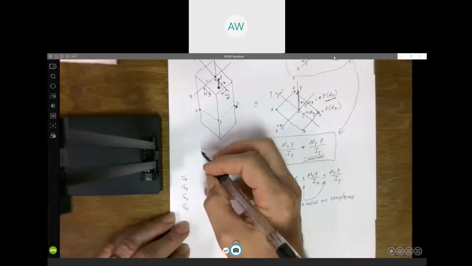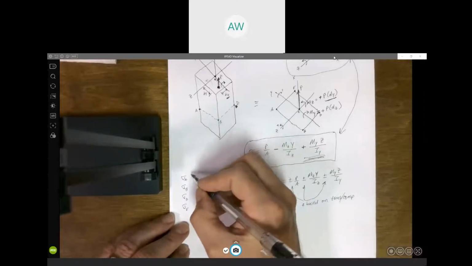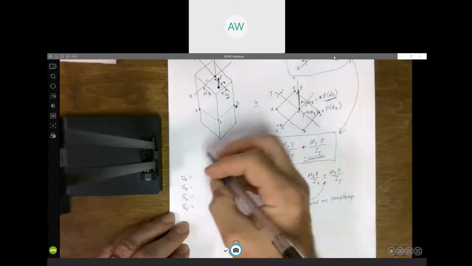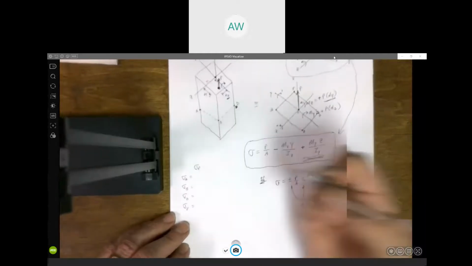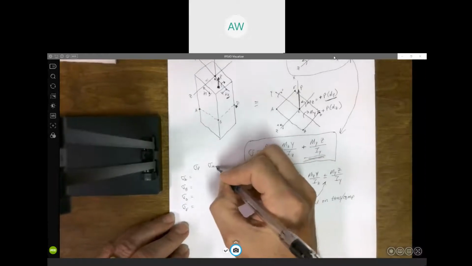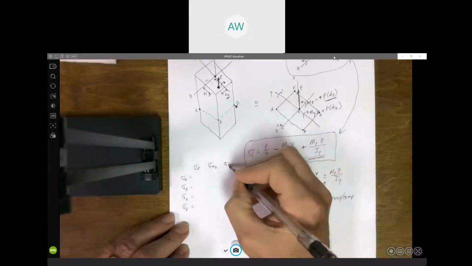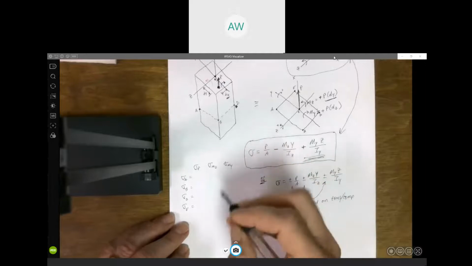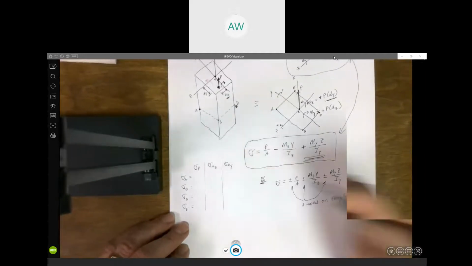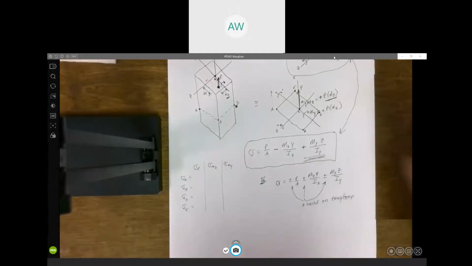I'm going to make a column for the stress due to each one of those loads. So I'll call this the stress due to the axial force P, the stress due to the moment Mz, and then the stress due to the moment My. And again, I'm not going to write the formula. All we're doing is looking and seeing: is this causing tension or compression?